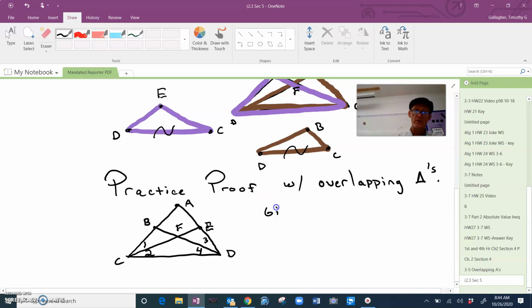And in this proof, we are given that angle 1 is congruent to angle 3, and angle 2 is congruent to angle 4.